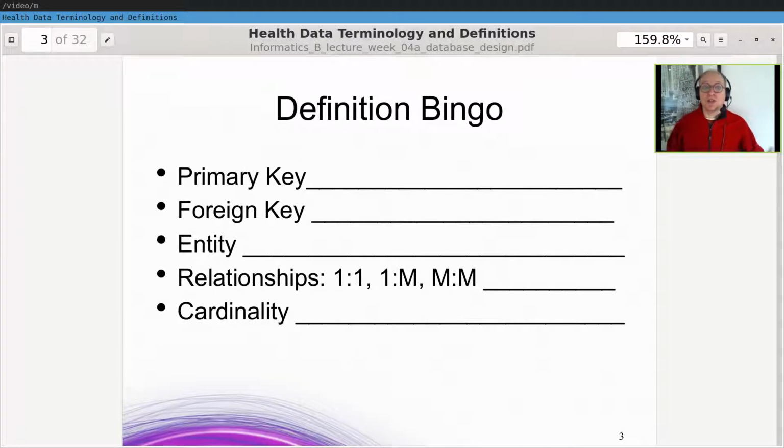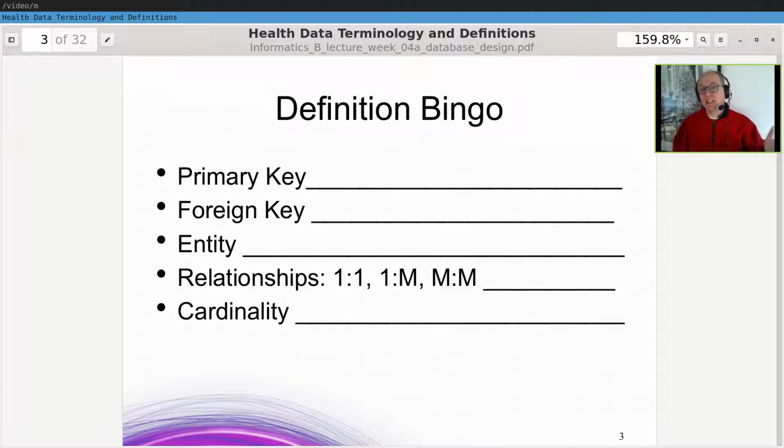Definition bingo. So you're going to learn these words. Always when you're learning a new thing, there's a bunch of new terminology. It's good because then you don't have to say, oh, the thing that does X and Y and Z. It's the primary key. The primary key is the thing that uniquely identifies a row in a table. A foreign key is a thing that points to that row from another table.